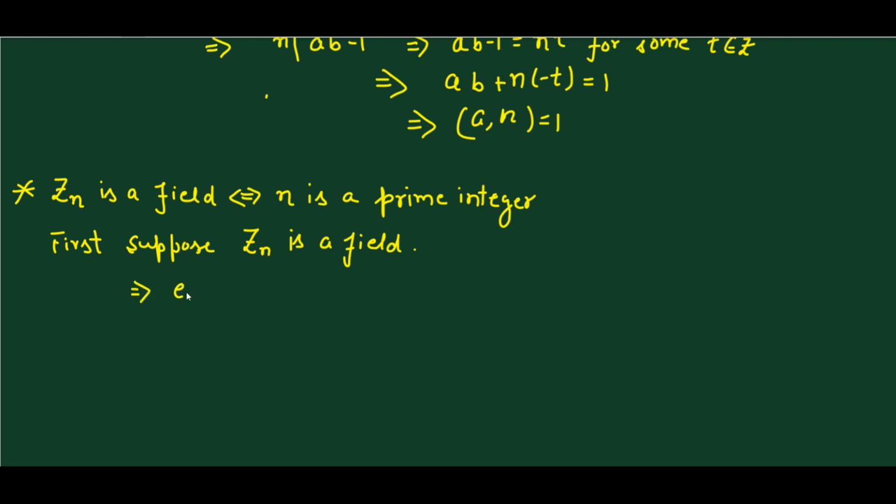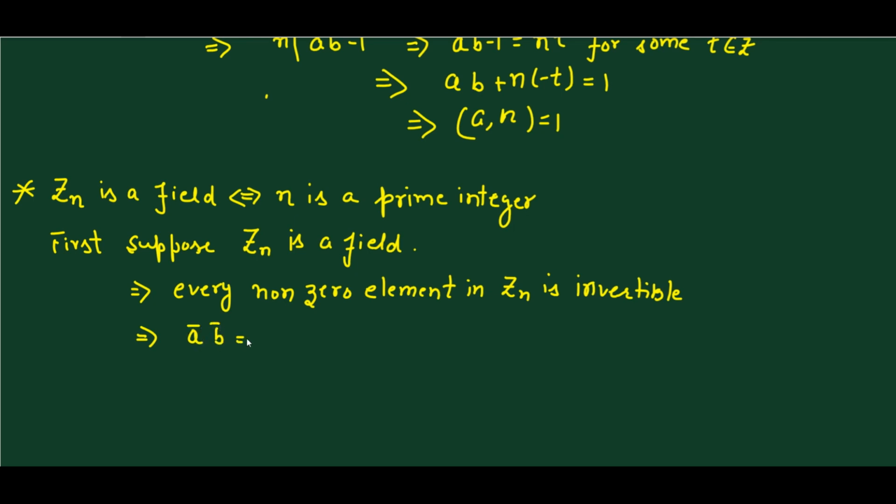This implies every non-zero element in Zn is invertible with respect to the operation multiplication, that is, the product is equal to 1 for all non-zero elements in Zn. So what are the non-zero elements of Zn?